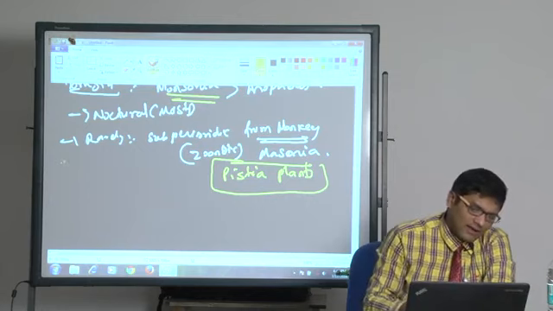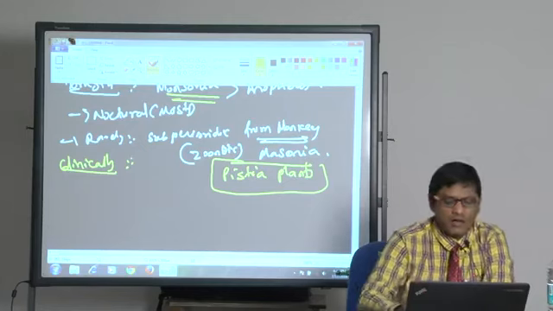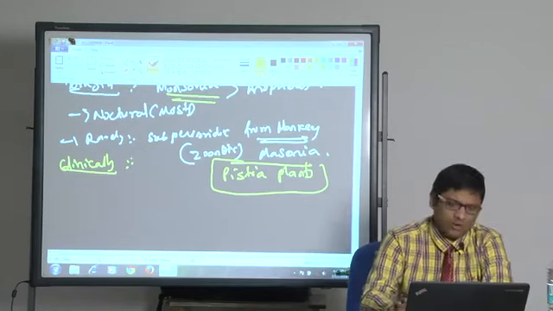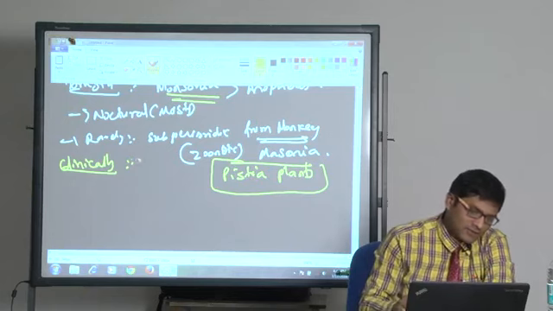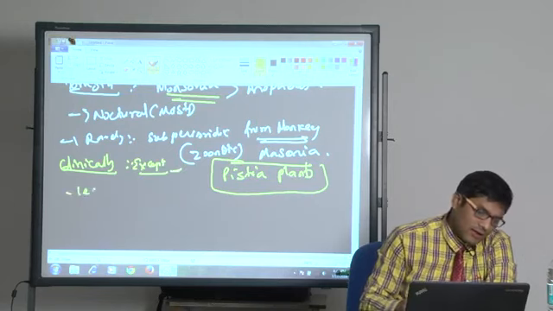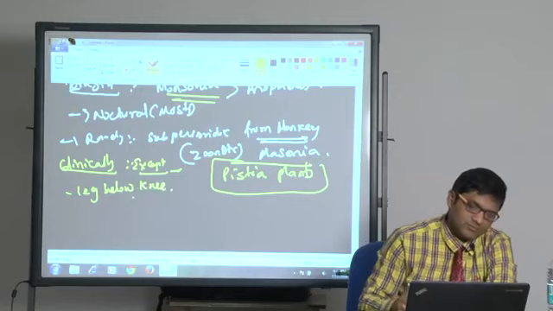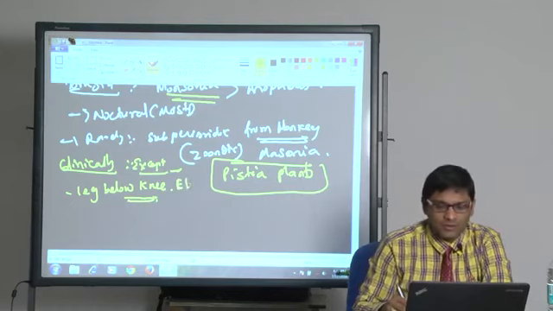Okay, then clinically, Brugia malayi infection is almost the same as Wuchereria bancrofti infection. Only difference is here only the leg below the knee is involved. Okay, the elephantiasis occurs only below the knee.